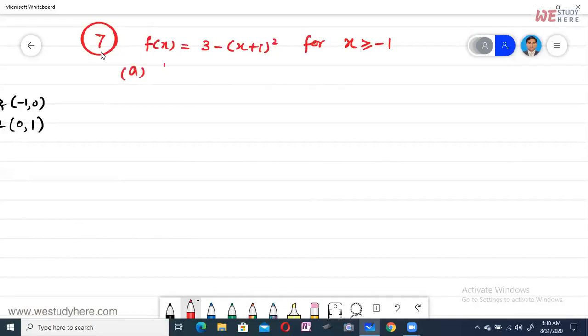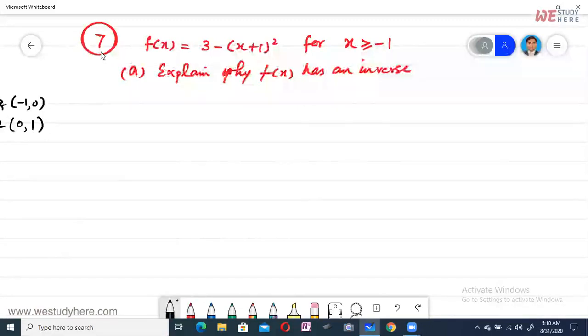First part is explain why f, or f of x, has an inverse.